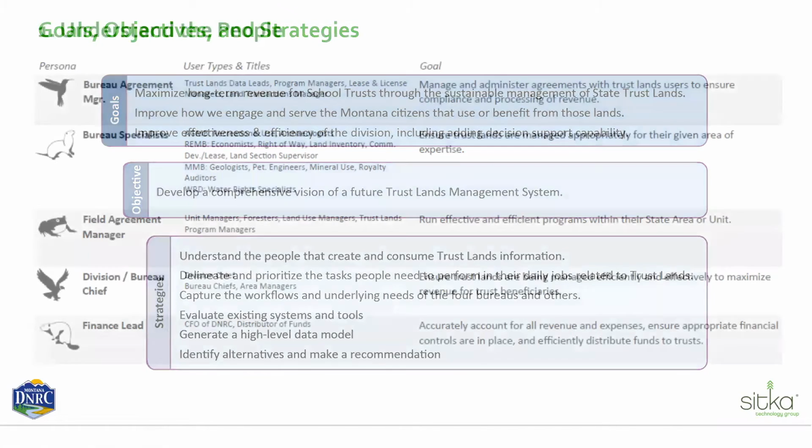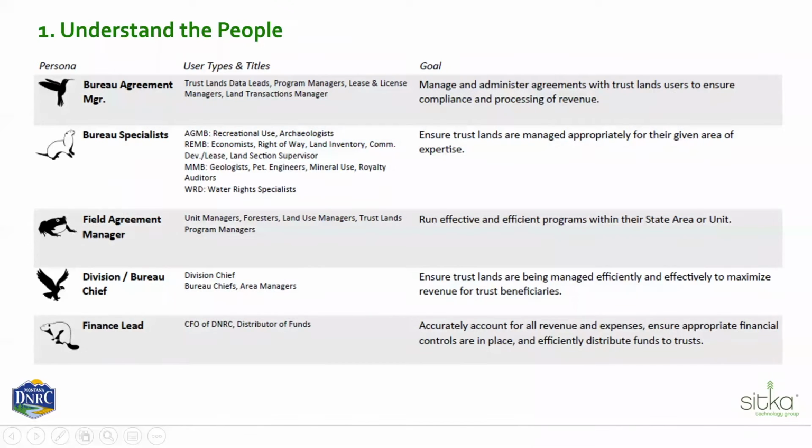So the first one is really understanding the people, who's involved. This is just a subset of the personas that were identified. Personas are broader: it's not a job title, it's not a job description, it's what your overall role is in the system or in the division. Like a bureau agreement manager has a high-level view for a specific area.